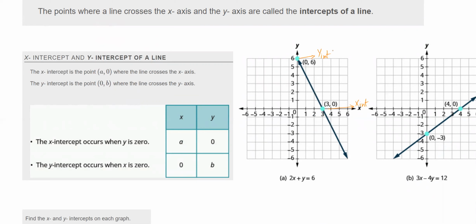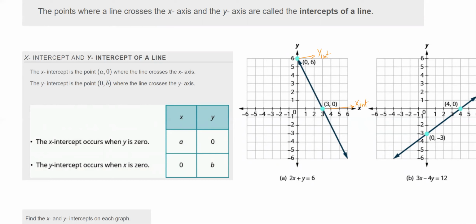That's the y-intercept. So here is a slanted line, and all slanted lines will do that. If it's a horizontal or a vertical line, as you can imagine, it will only cross the y-axis or the x-axis, depending on what line it is. But every slanted line will have an x-intercept and a y-intercept, and therefore these are the slanted lines we're considering.